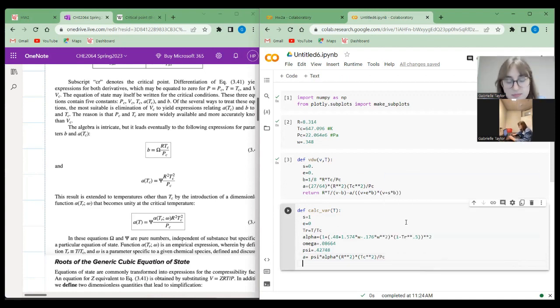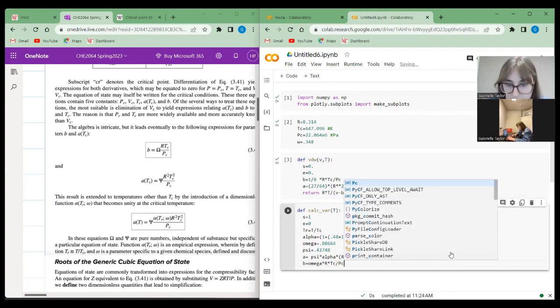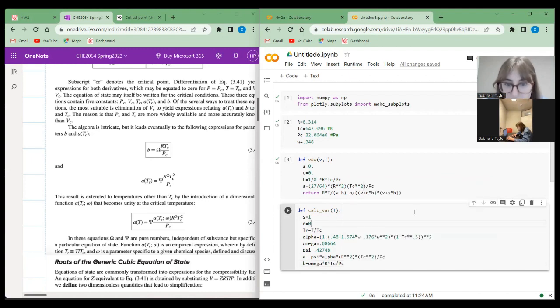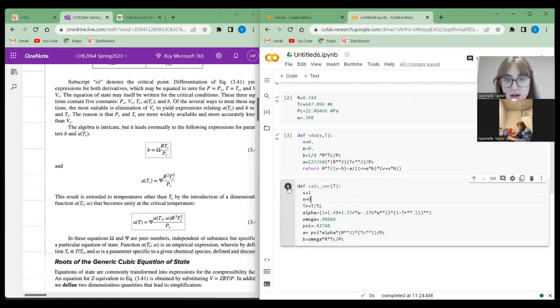Then B is just going to be our omega times R times temperature at the critical point, divided by pressure at the critical point. Okay, let's make sure our equations are right. They are.